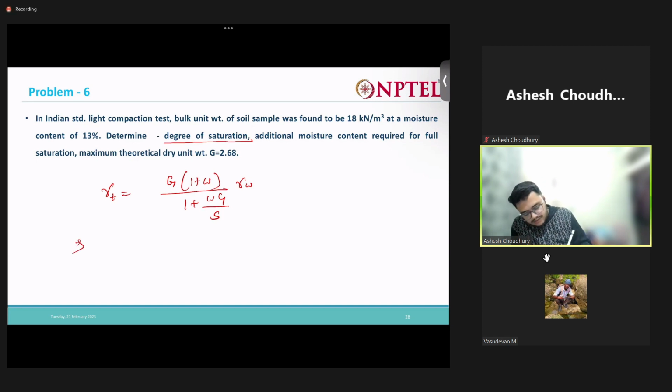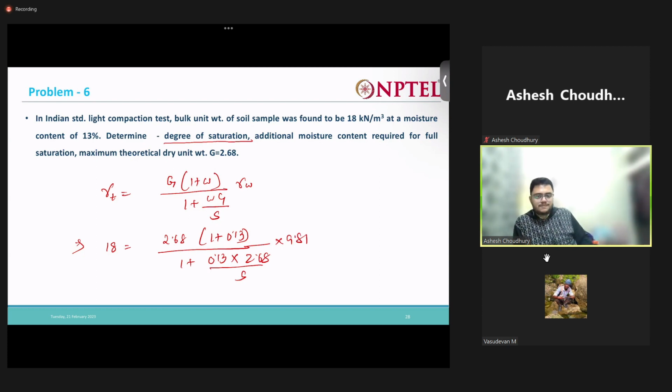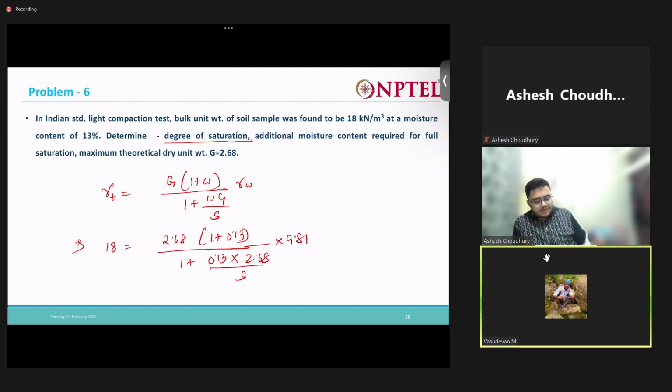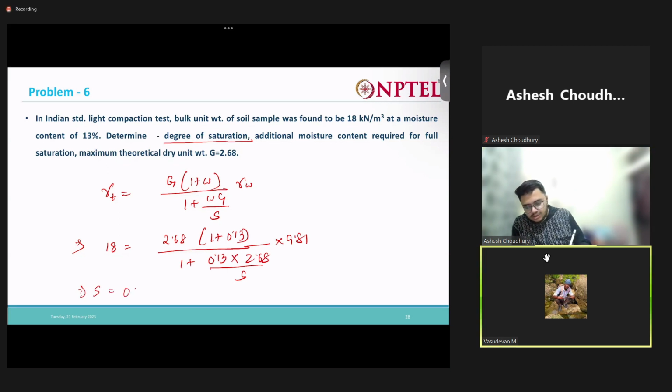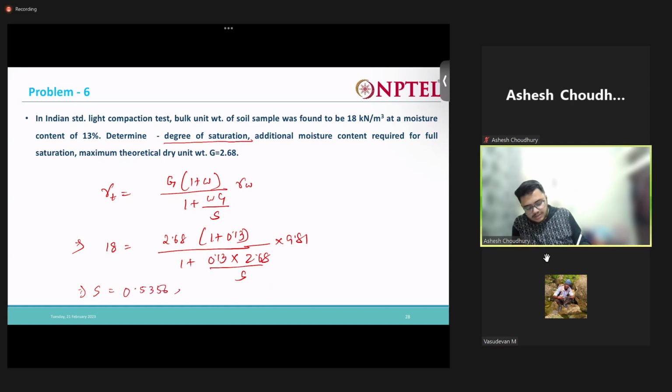So total unit weight is given as 18, G is 2.68, (1 plus 0.13) into 2.68 by S into 9.81. Correct? If we solve it from here, we can easily find the degree of saturation. The degree of saturation comes out as 0.5356, which is nothing but 53.56%.